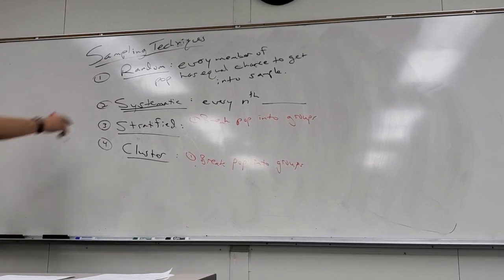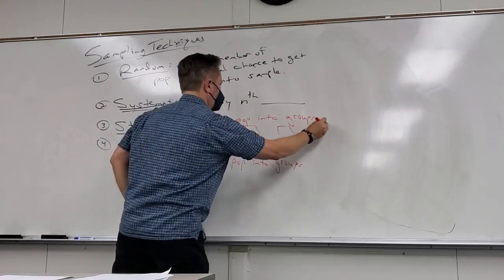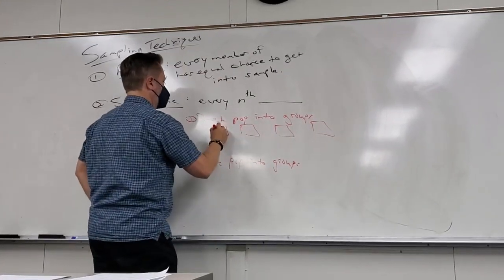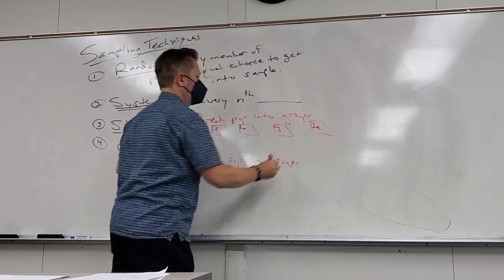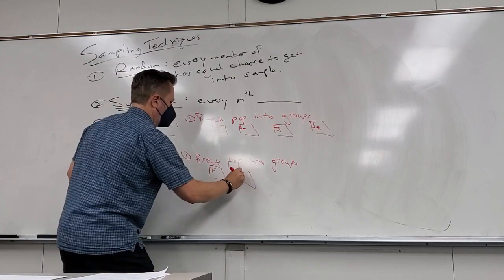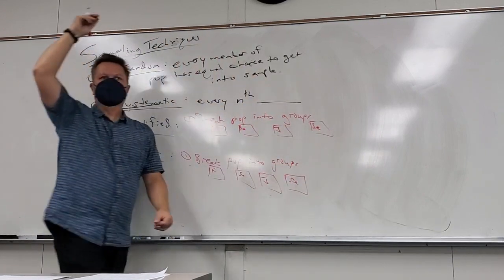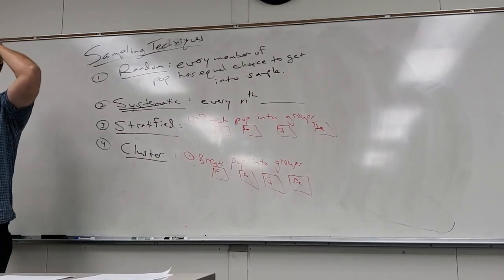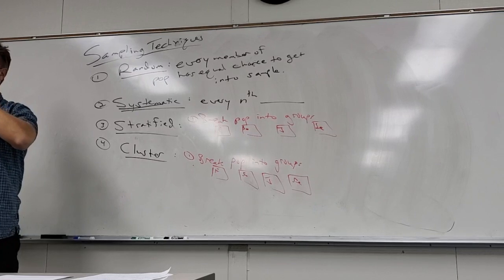Stratified. So here we got groups. Freshmen, sophomores, juniors, seniors, right? Same thing here. Break population in groups. Second step for stratified is you take some people from each group.